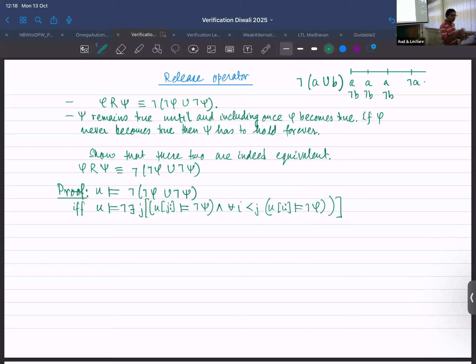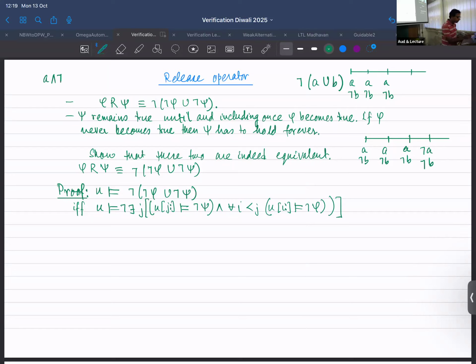Yeah. And either this continues forever, or at some point of time, you have negation of A and negation of B. So this is like A and negation of B, weak until negation of A and negation of B. So this is the weak until expansion that we saw, right?